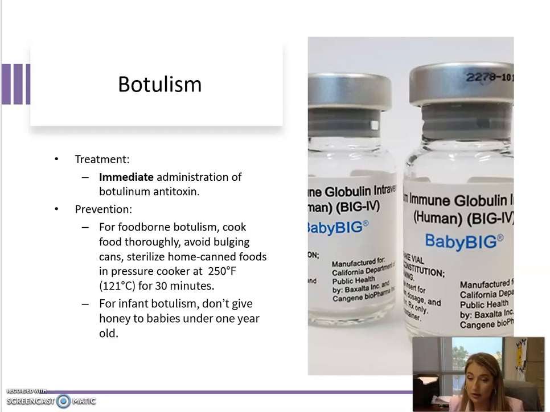So we would still do the 121 degrees Celsius, but just to be extra cautious, we would do it for a 30-minute cycle in the pressure cooker. Even if the endospores were present in the can when you put it in the pressure cooker, at that temperature for that period of time, you would be able to effectively destroy them. So it would not become problematic, and they would not be present afterwards to produce the neurotoxin.